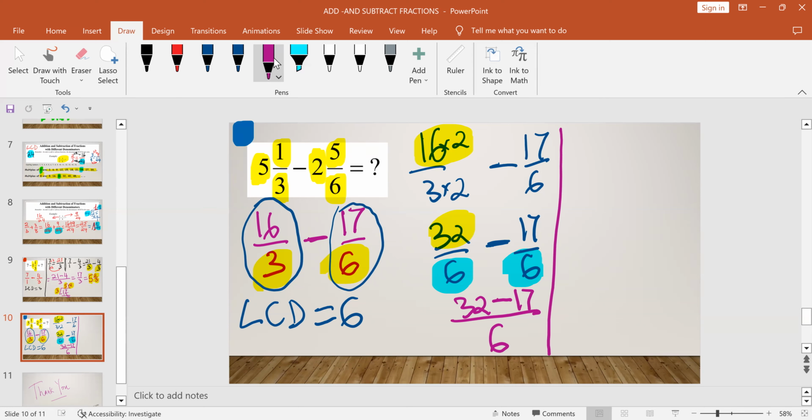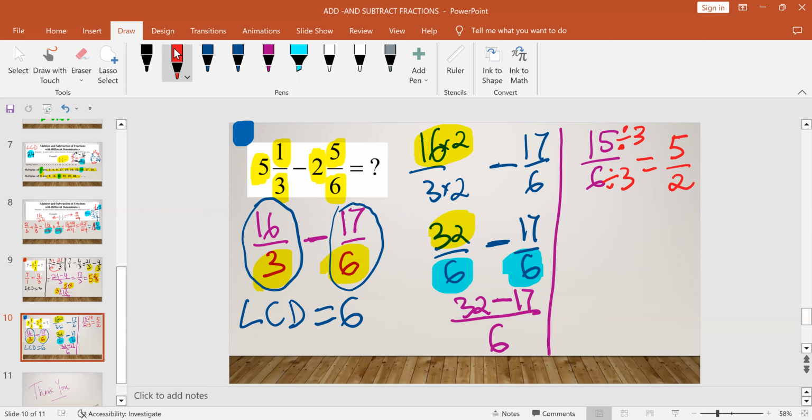So here the thing changed to 15 over 6. Okay, but you know that 15 over 6 we can simplify. If you divide the top by 3 and the bottom by 3, we get 15 divided by 3, which is 5, and 6 divided by 3, which is 2. So we have 5 over 2 as our answer.